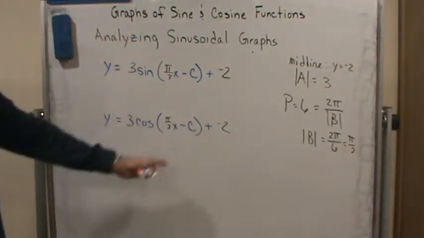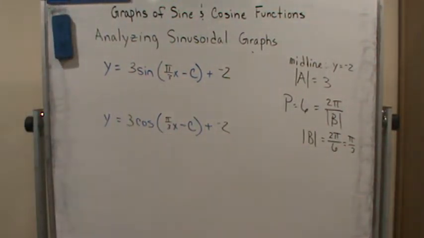Now the only thing is the horizontal shift. Like I said, it could be a cosine shifted to the right, a negative cosine shifted to the left, a sine shifted to the right or to the left, or a negative sine shifted to the right.